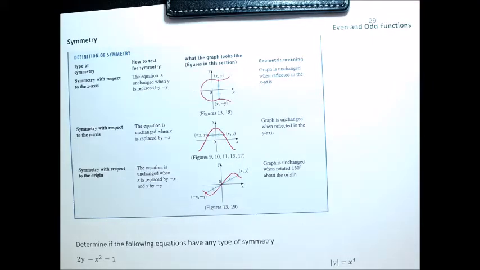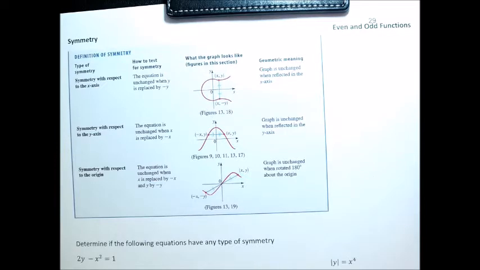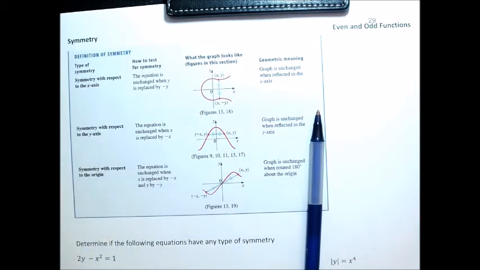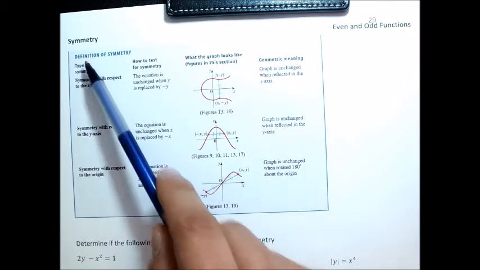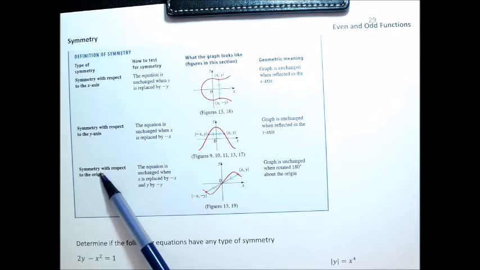So when we're talking about symmetry, we're talking about how a graph looks. It's like a visual thing, which is kind of cool, right? Sometimes we don't often get that. And so this blue box at the top here is laying out the types of symmetry. The first column is talking about the different types of symmetry.